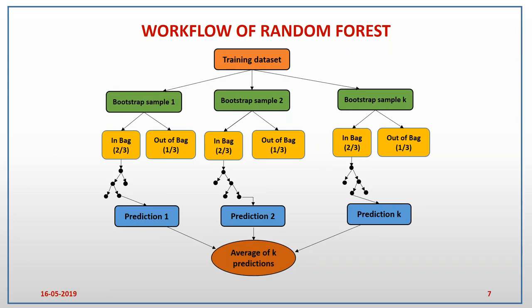So what is the probability of not selecting this particular sample while fitting the bootstrap? 1 minus 1 by 5,000. Suppose after n samples, what is the probability of not selecting that particular sample?